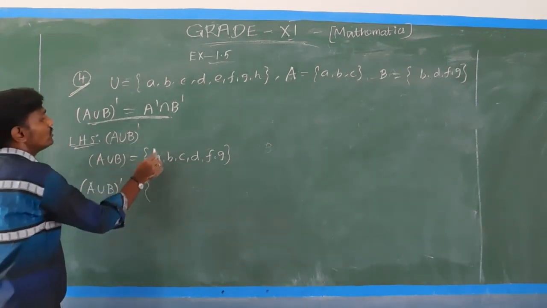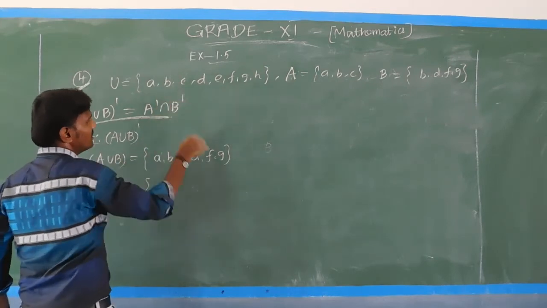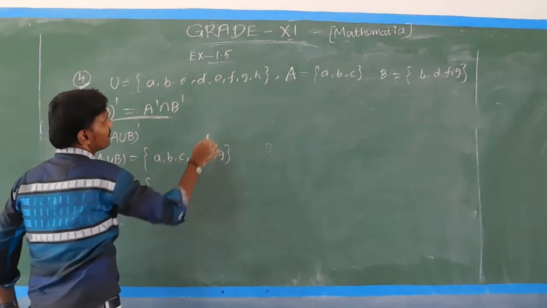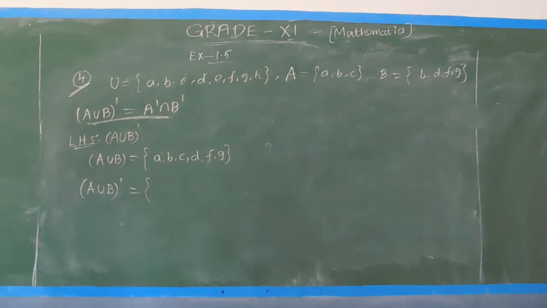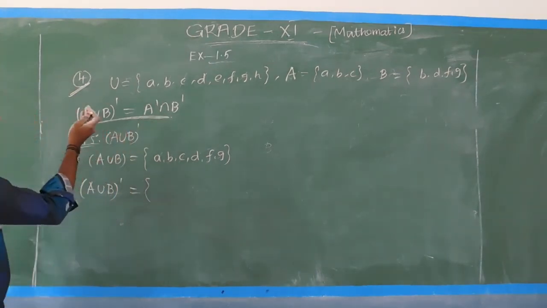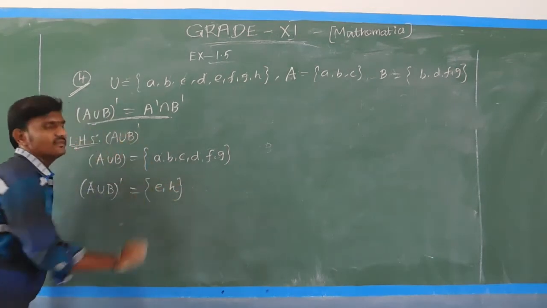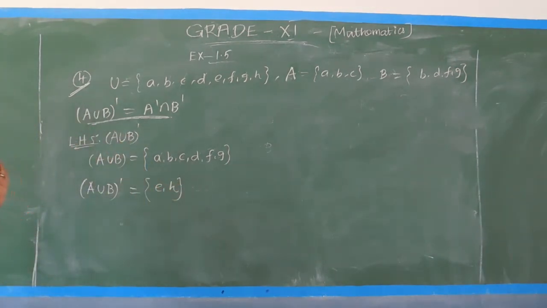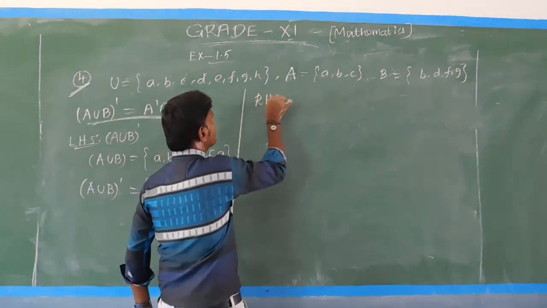So first I am going to cancel A, B, C, D, F, and G. So what is the remaining? Tell me. A, B, C, D cancelled. The remaining is E, H. So this is your left hand side.